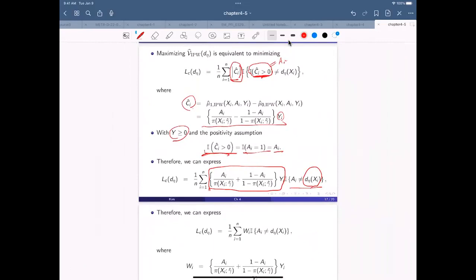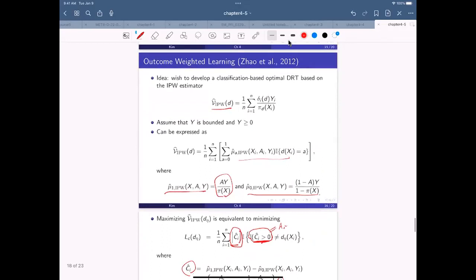So this is the contrast. Then the optimal one is just A_i. So there's no need to do the optimization. I see, that's the point. So this C_i is different from the previous C_i, something like that. That's a very good point.